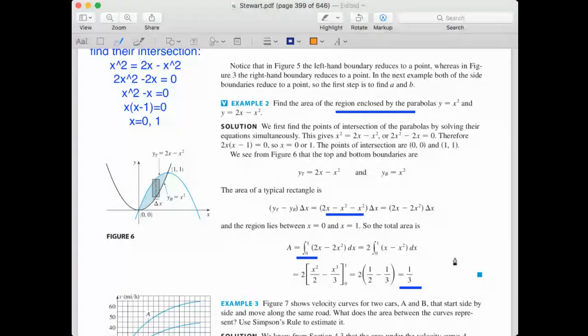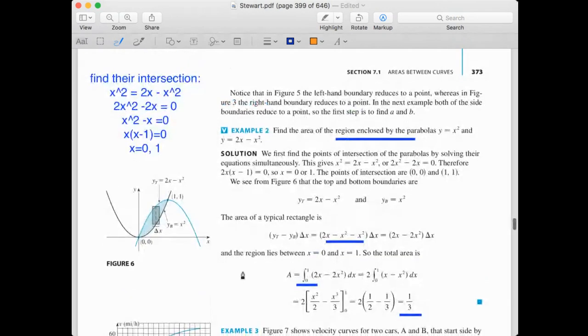So if it's difficult to draw the picture, just guess one as f and the other as g. In the end, if the value is negative, you just flip f and g.